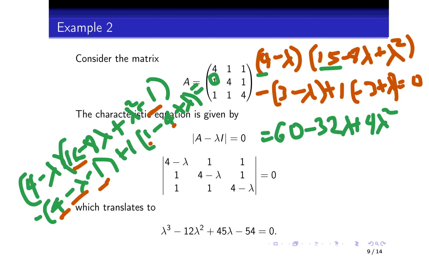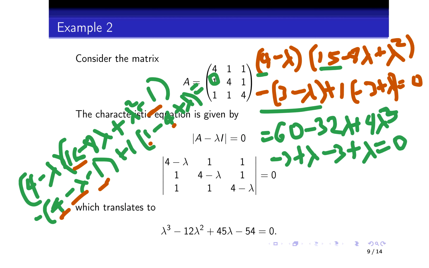And here we have minus 3 again plus lambda. And all of that is equal to 0. Okay, I think I skipped something. 4 times lambda squared should be 4 lambda cubed, sorry. So 4 times this is 60, 4 times this is minus 32 lambda, and 4 times lambda squared is 4 lambda cubed.